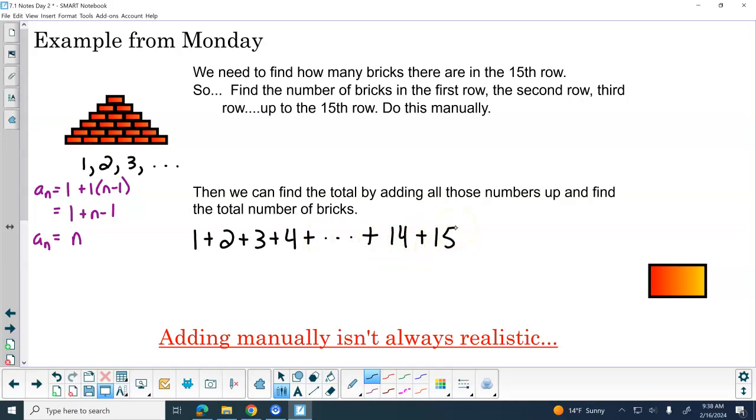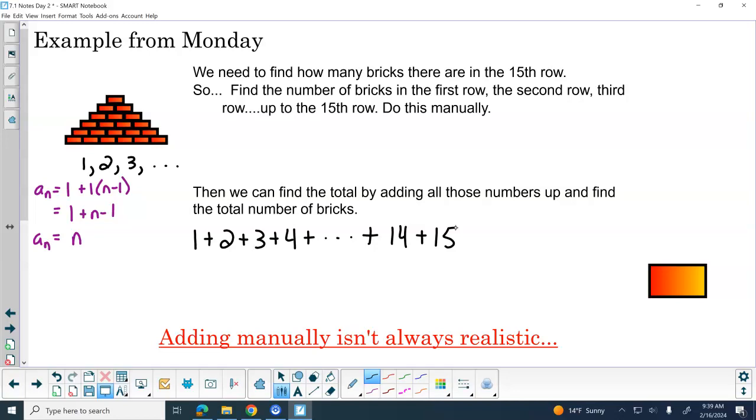Which we could do, right? 1 plus 2 is 3, plus 3 is 6, plus 4 is 10, plus 5 is 15, plus 6 is 21, plus 7 is 28, plus 8 is 36, plus 9 is 45, plus 10 is 55, plus 11 is 66, plus 12 is 78, plus 13 is 91, plus 14 is 105.